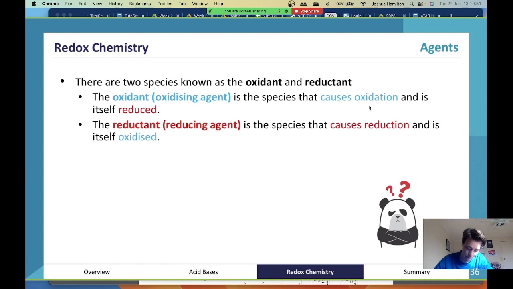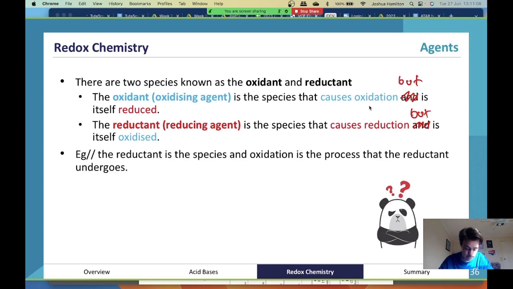I think "but" is a better word there because it splits up these sentences really well. The reductant is the species that causes reduction but is itself oxidized. That's really, really important. So the reductant is the species, and oxidation is the process that the reductant undergoes.